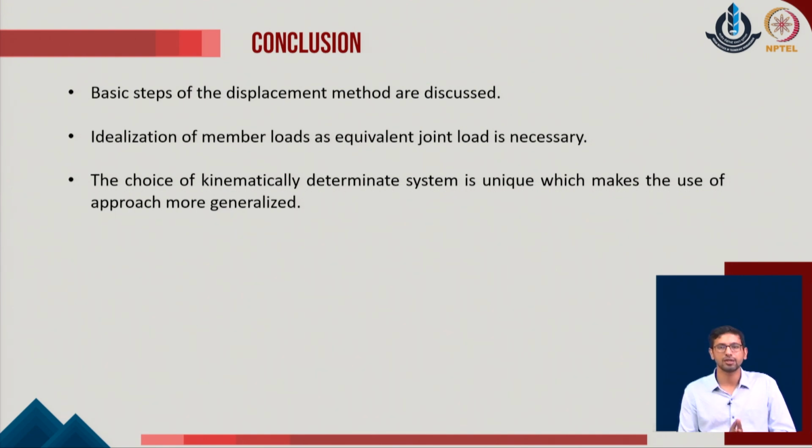We have not seen the evaluation of these coefficients as of now, but through a very simple method we can understand that the displacement method, having a very unique system of the kinematically determinate system, could be utilized for the analysis of the indeterminate system in a much more effective manner, and this we will try to see through the next successive sessions.